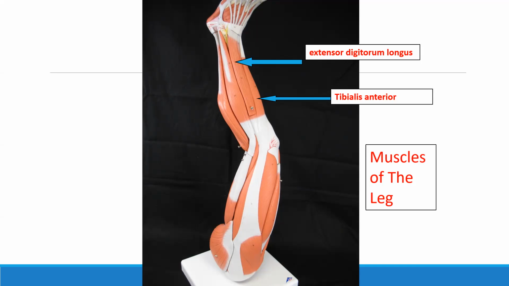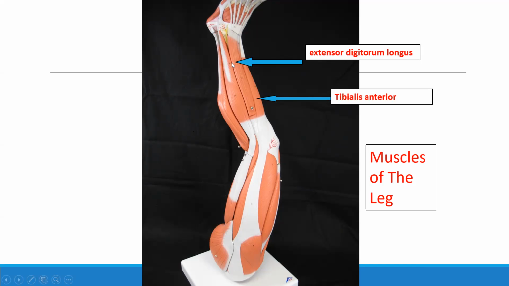Most of us don't do that. But the toes spread out when we step down to stabilize our position. We don't pay attention to it because we walk all the time. But the extensor digitorum longus causes our toes to spread out. And we don't fall down. At least we shouldn't.